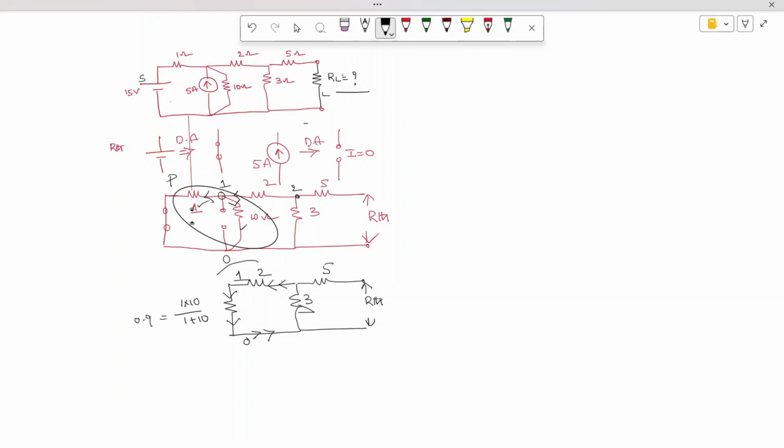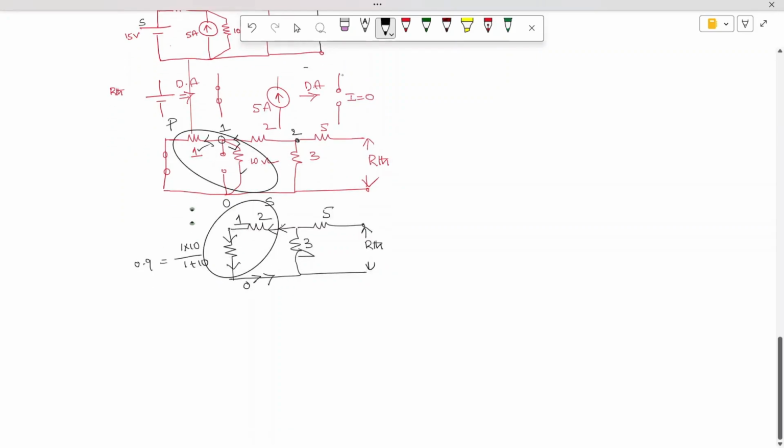Then I can say these two branches are again connected in series. So the resultant is one branch here and another branch here, followed with this branch. So this is 3, 5, this is 2 plus 0.9, which is nothing but 2.9.